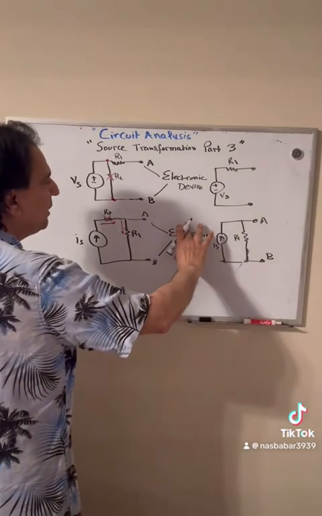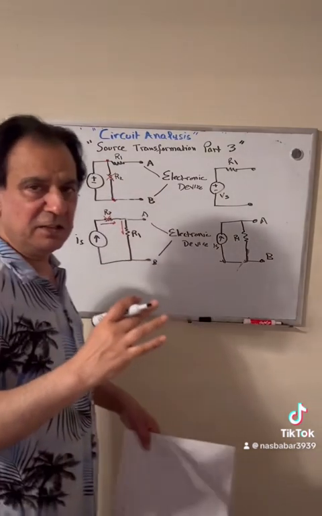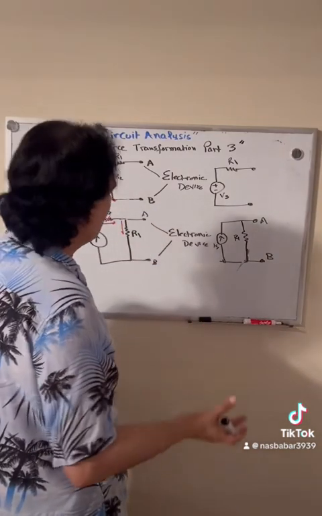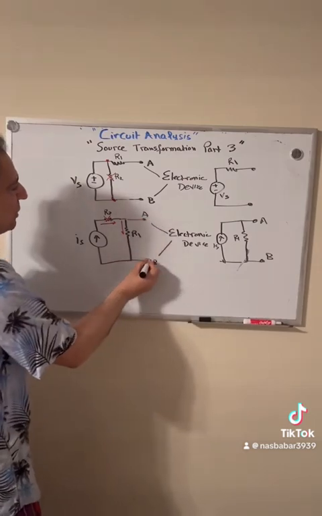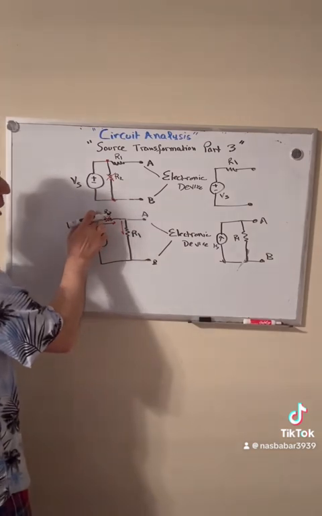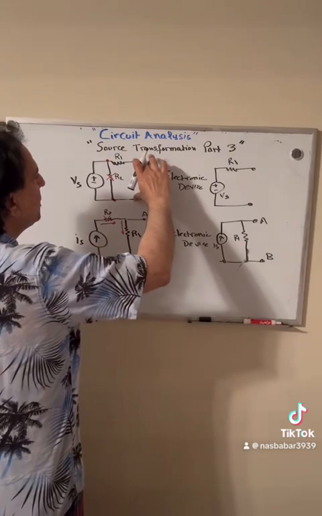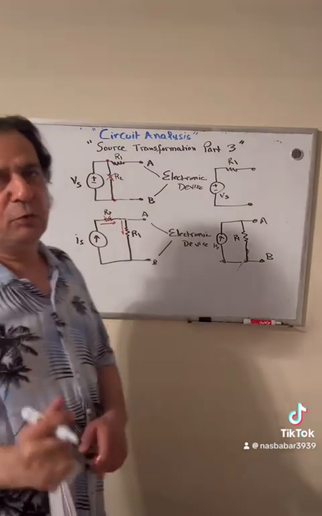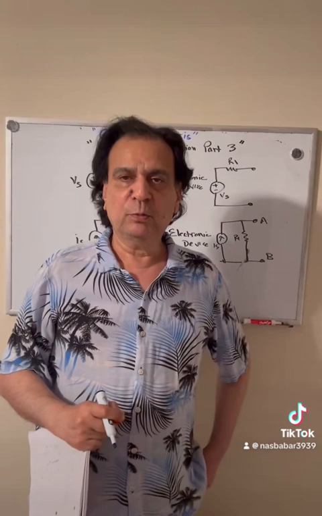From this electronic device's perspective, I'm not saying again that this resistor is not important, but we can simplify our circuit because we only care about what we see on these two terminals, and we see the same thing on these terminals with or without this resistor. Same thing over here. We see the same thing on terminal A and B with or without this resistor. So that's an observation which we will use further down the line when we solve the problems.